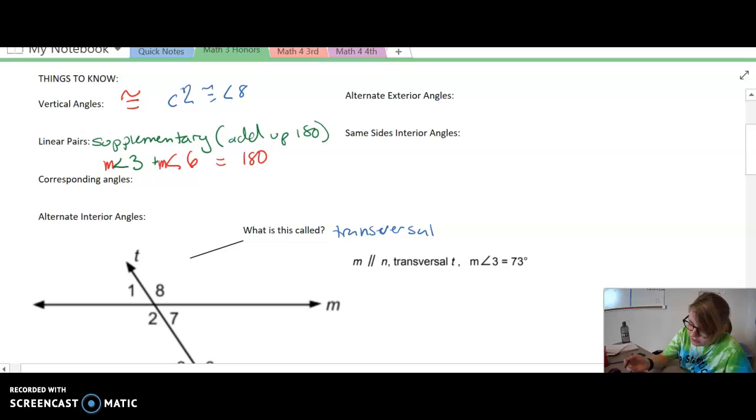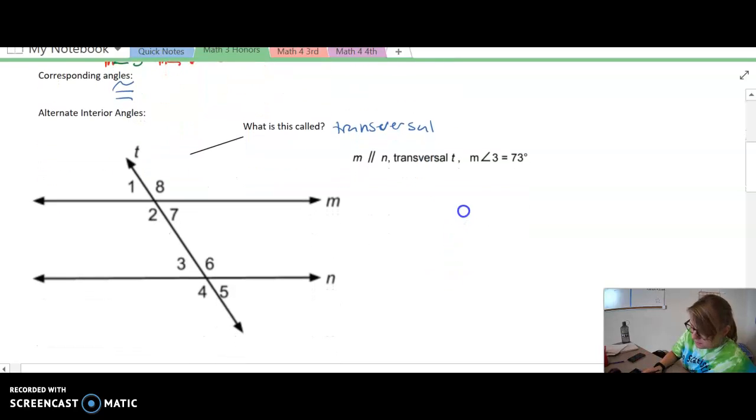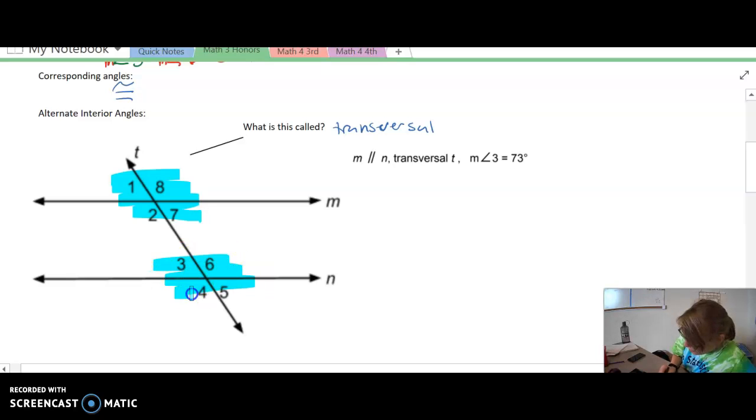Now we have corresponding angles. These are angles that are congruent to each other, but let's look at some examples. Corresponding angles are like if you had two parallel lines cut by that transversal, you now have two 4 points or 4 corners. Corresponding angles are the angles in the same place of each 4 points.